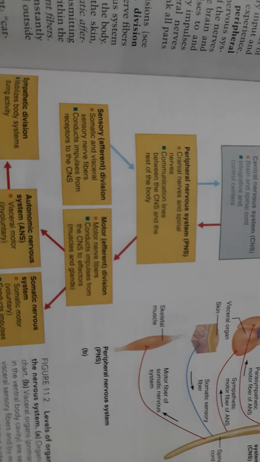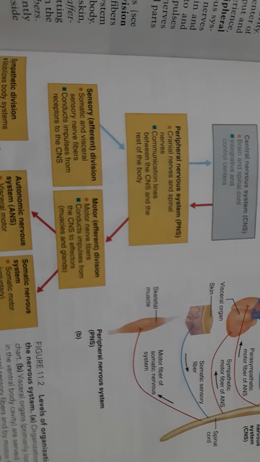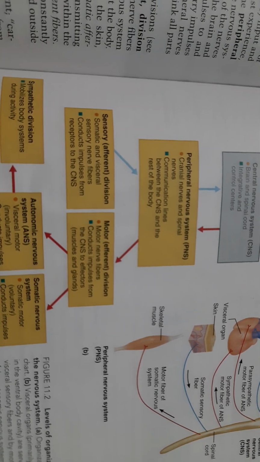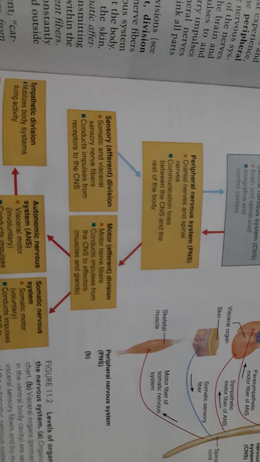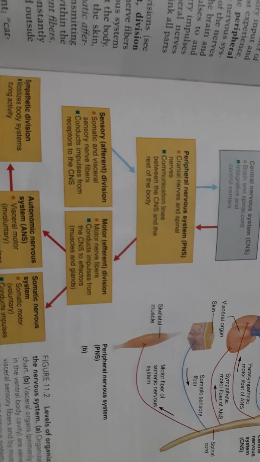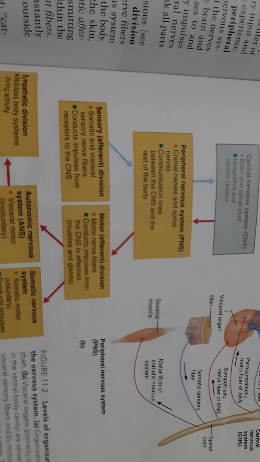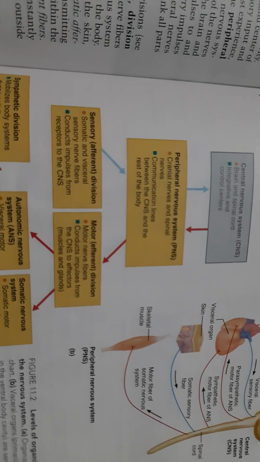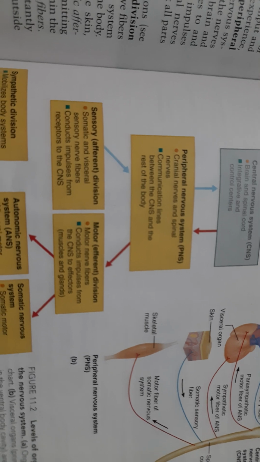First of all, it's the sensory or the afferent part, those nerves which help in sensing, that is, carry certain information from some part of the body to the central nervous system. These are also called afferent nerves.